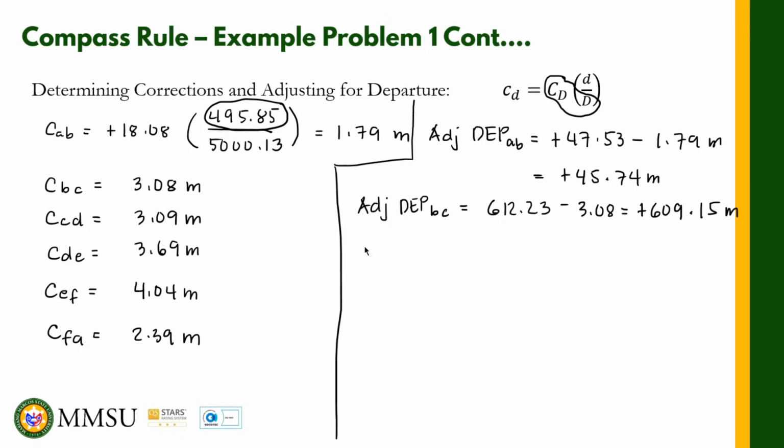meters. Okay, and then we have adjusted departure for CD. The original departure for CD is positive 791.09. So kailangan pa rin nating mag-subtract ng correction na 3.09 ito. Okay, so ito magiging positive 788.00 meters.